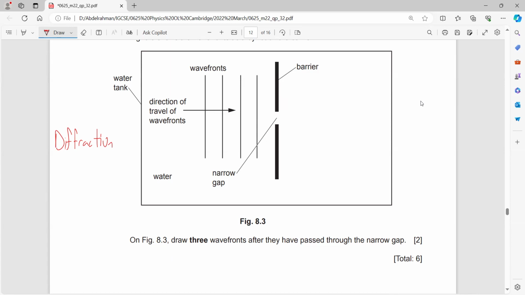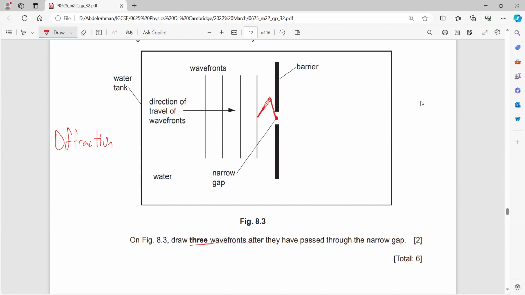Using a compass, we need to draw 3 wavefronts after they have passed. What should I do? I'll use the compass. I will put the pointy edge in the center of the narrow gap. And then I will open up the compass to the first wave.